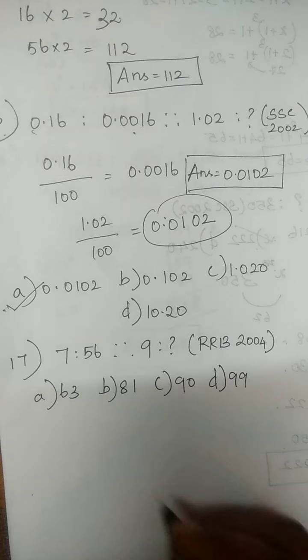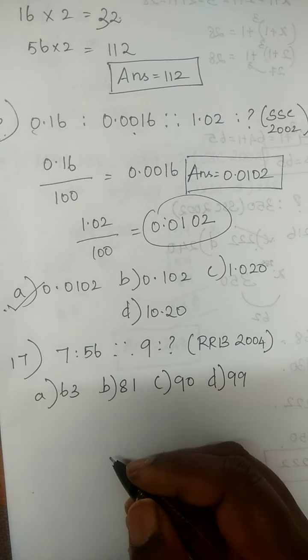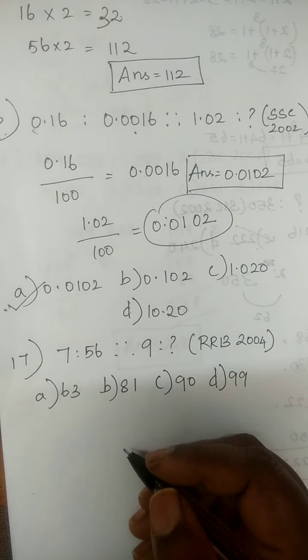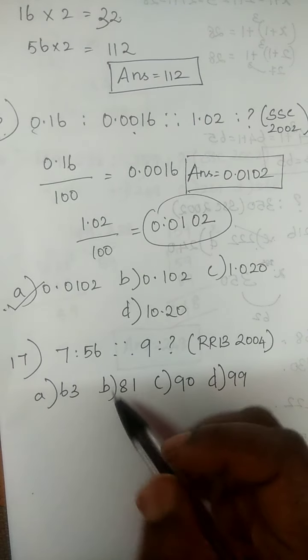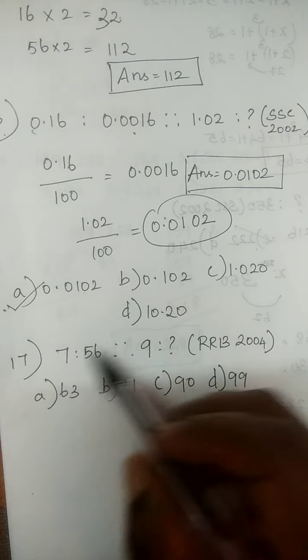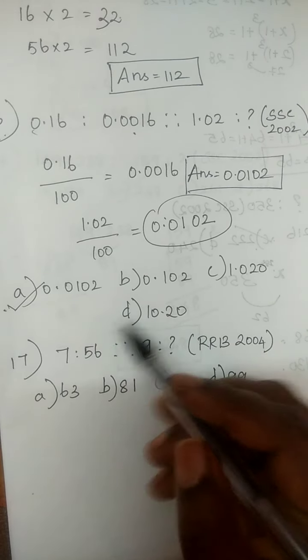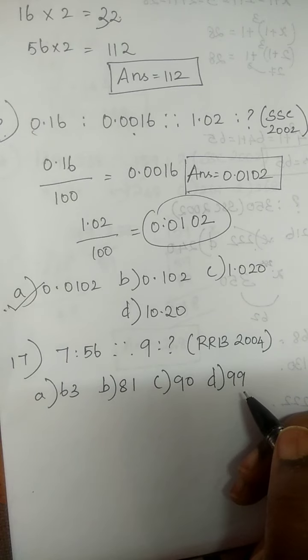What's the answer? Yes, we can easily say 7 into 8 are 56. Therefore, 9 into 8 are 72.